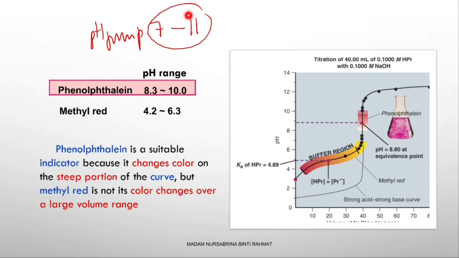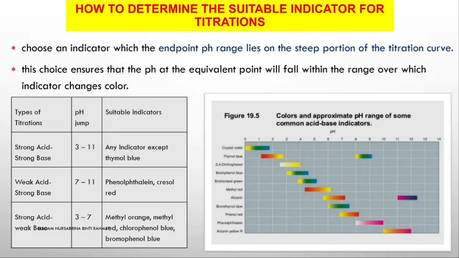If we compare phenolphthalein and methyl red, the pH range for phenolphthalein to change color fits the pH jump between our weak acid and strong base, whereas methyl red changes color before the pH jump is reached for the titration. So therefore, phenolphthalein is the suitable indicator to be used for this experiment as well.